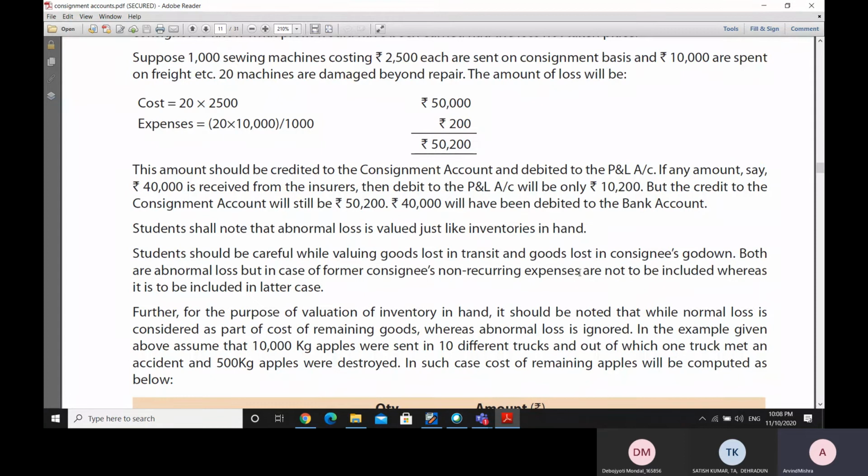Therefore, non-recurring expenses would not be added in that case. It is very obvious that those non-recurring expenses have not been incurred in relation to the goods lost in transit. So why should they be added in any case?